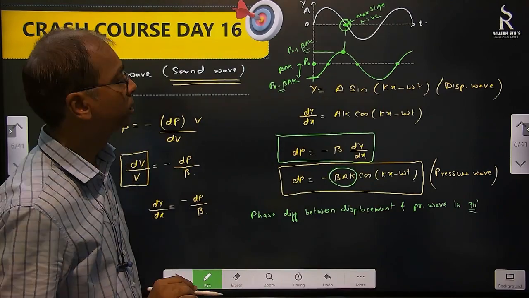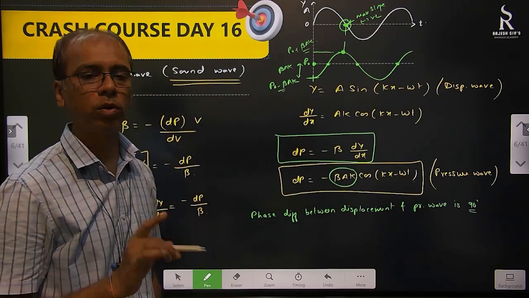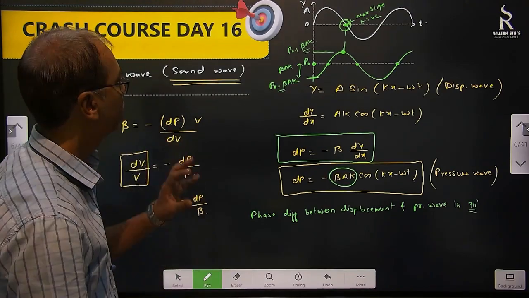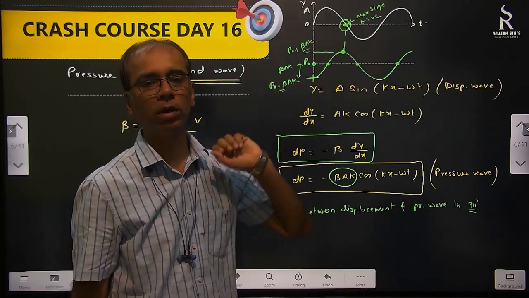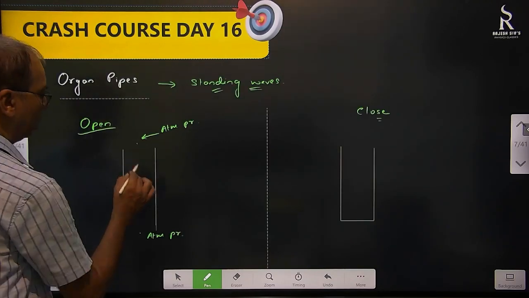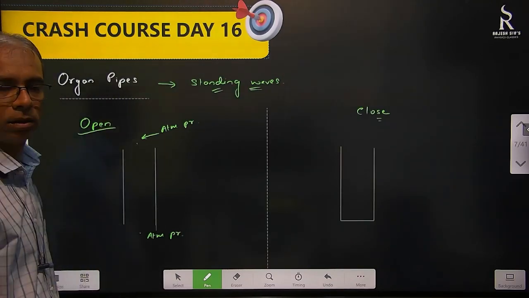At atmospheric pressure, we are going to get a node. When we make a pressure wave, at atmospheric pressure you are going to get a node. So it means here and here definitely a node is there.